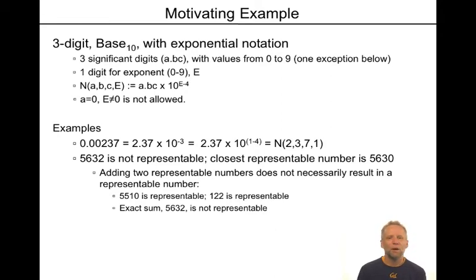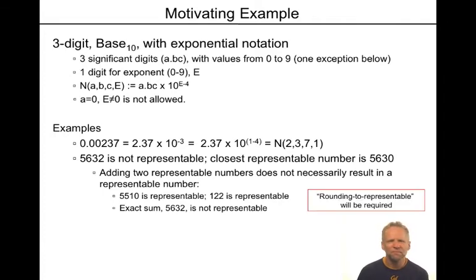So we're going to have to think about what the restrictions are and what users are going to demand of the manufacturer of the CPU to deal with in this situation. The computer is going to have to be able to round to the nearest representable number. We'll talk a little bit about that near the end of the lecture, how that's actually done.